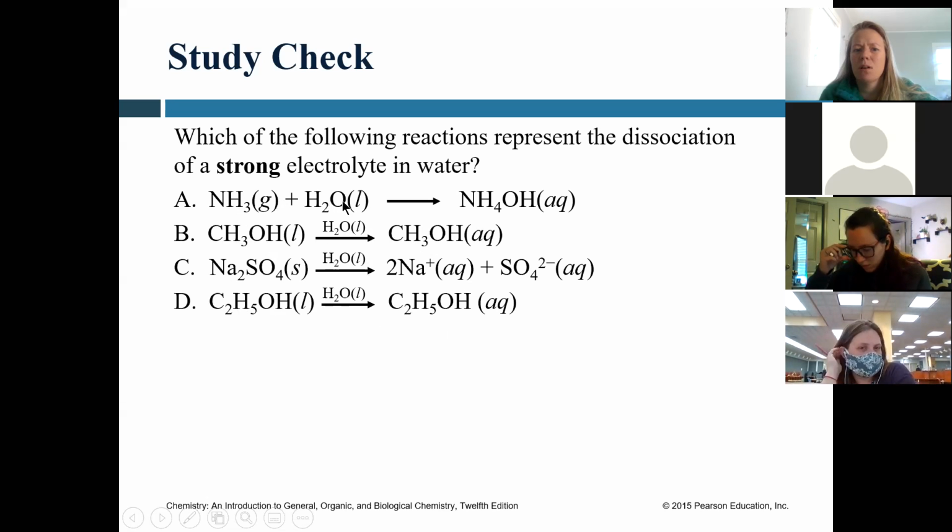Same thing here, we're grouping it together. C is really the only thing where I've got a material and I'm breaking it apart fully into its ions. It's got to break into the ions in order to be an electrolyte solution. And it needs to fully break apart, so arrow in one direction if we want it to be strong. All the other ones are dissolving, they're just not creating ions.